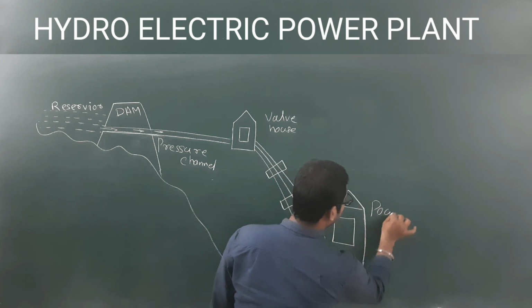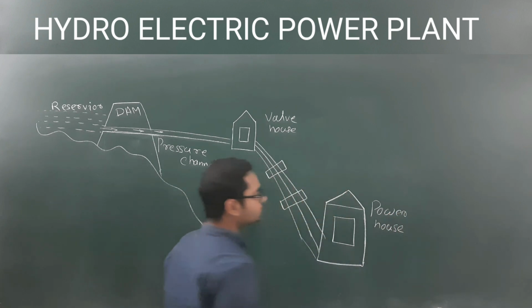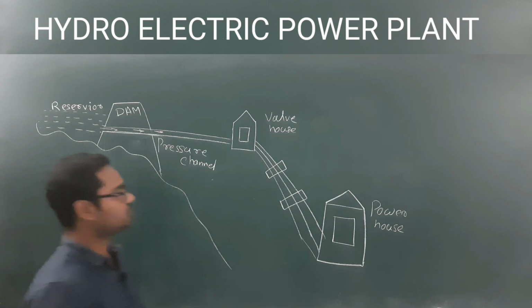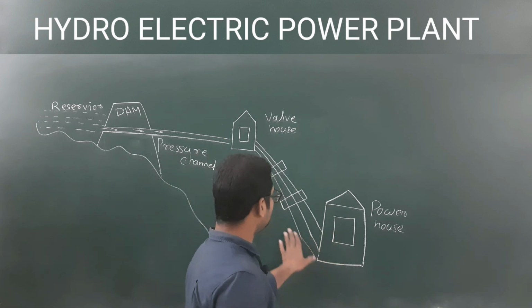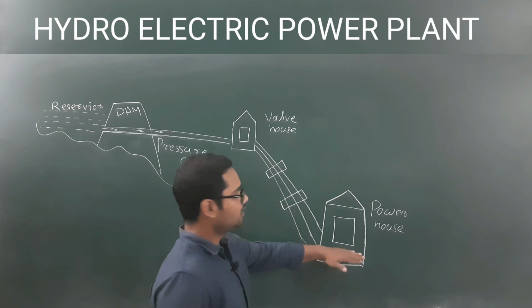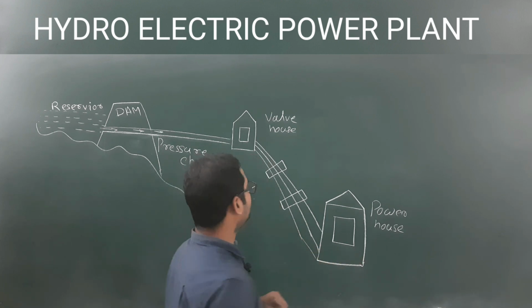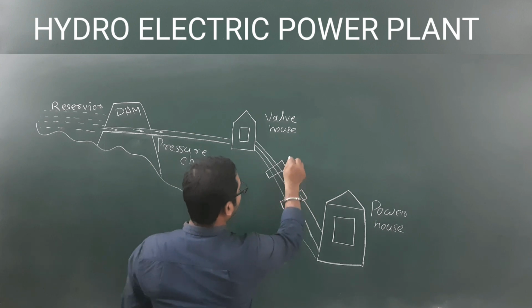Your power is generated in the powerhouse. In the powerhouse, your generator is present. These conductors are called your penstock.